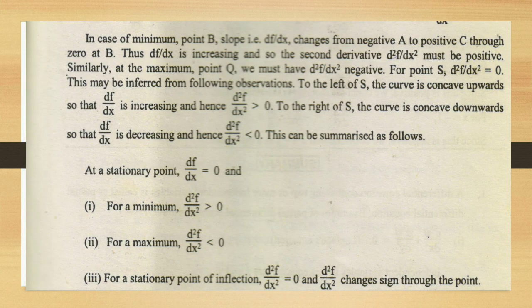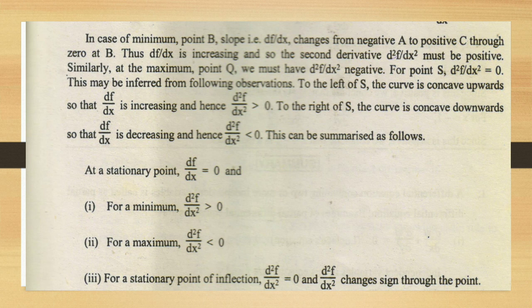In the case of a minimum, point B, the slope, that is df/dx, changes from negative to positive through 0 at B. Thus, df/dx is increasing, and so the second derivative d²f/dx² must be positive. Similarly, at the maximum point Q, we must have d²f/dx² negative.